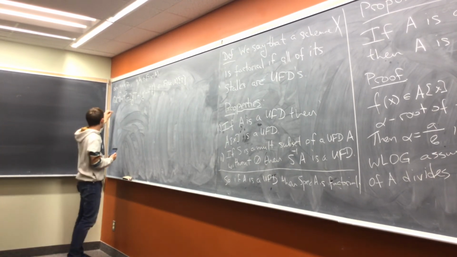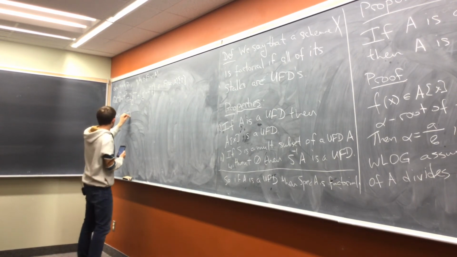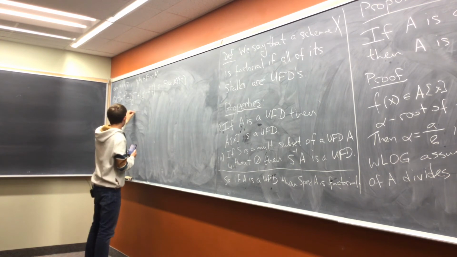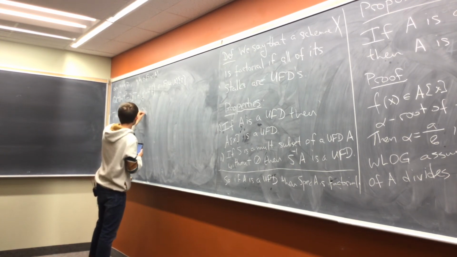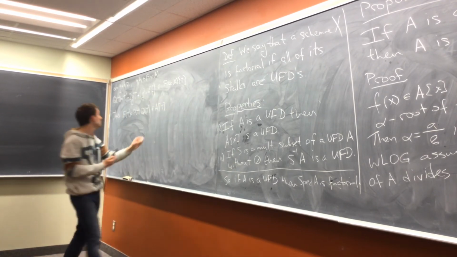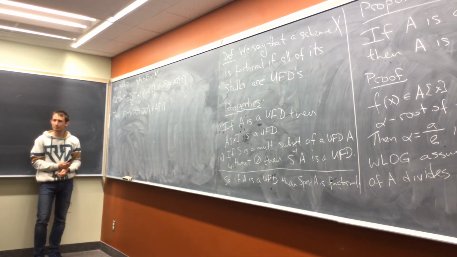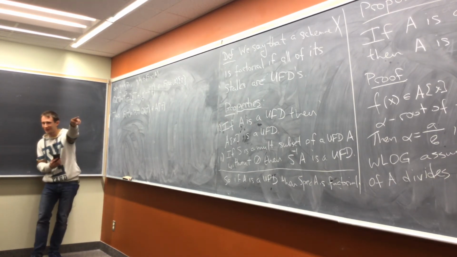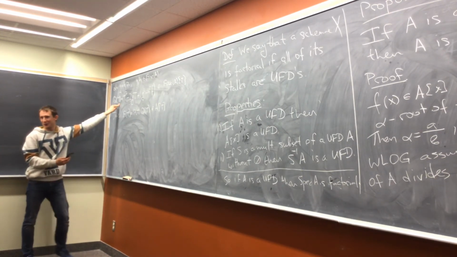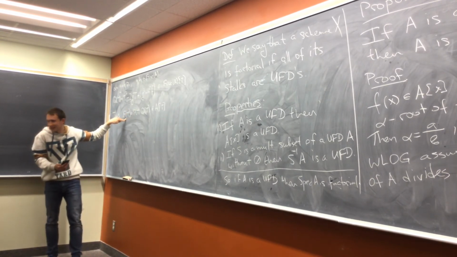So thus f(t) is of the form p(t) times q(t), and its coefficients are in A adjoint t. Well, alpha is a root of that guy, and alpha is a root of that guy. So this is a minimal polynomial, so it must divide this thing.